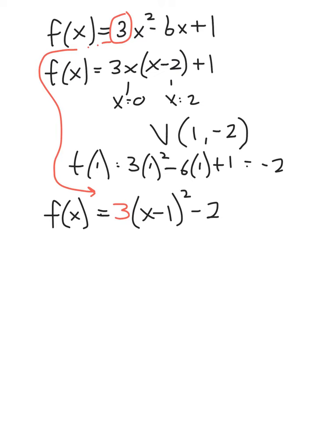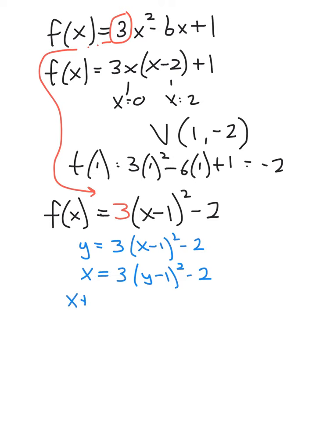So now we can find the inverse of this function. So we replace f of x with y, and we're off the same as we were before. So interchange x and y. And we're going to solve for y now. Take the 2 over, x plus 2 equals 3 times y minus 1 squared.